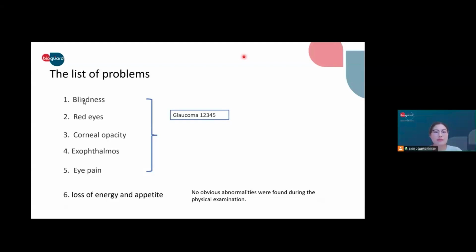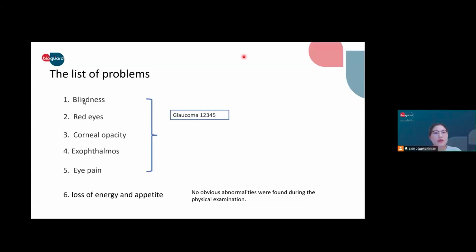When a dog has glaucoma, he may appear like blindness, red eyes, corneal opacity, exophthalmos, and eye pain. All of these 5 symptoms could happen when the eye has glaucoma.